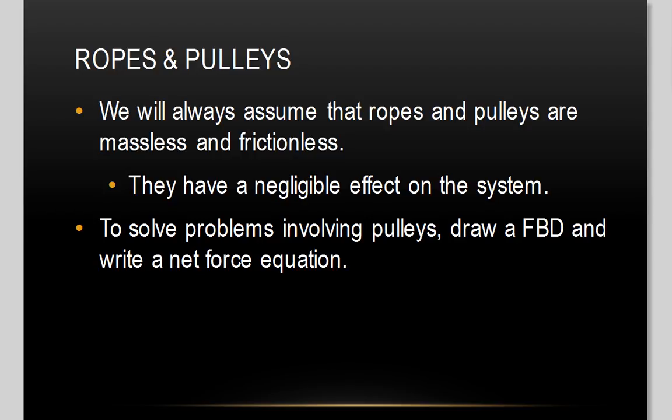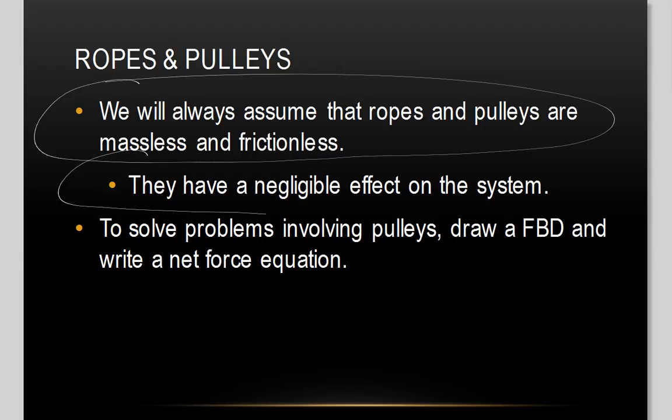Even in first year university, they always just say that the ropes and the pulleys are going to be ignored in terms of their mass and their friction, and that they have a negligible effect on the system.